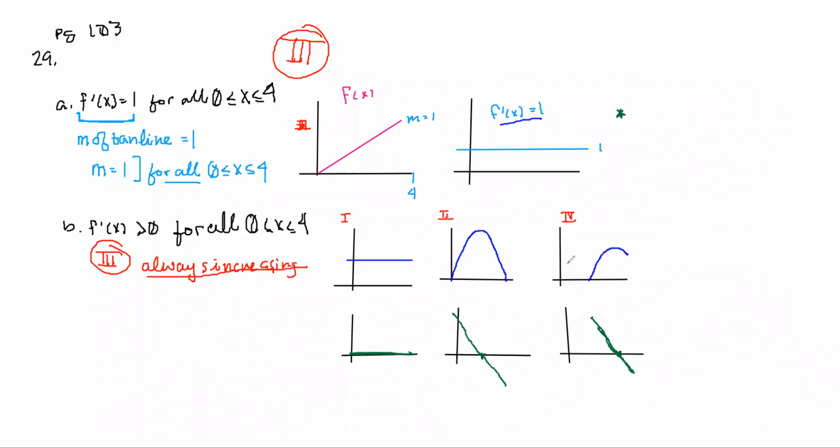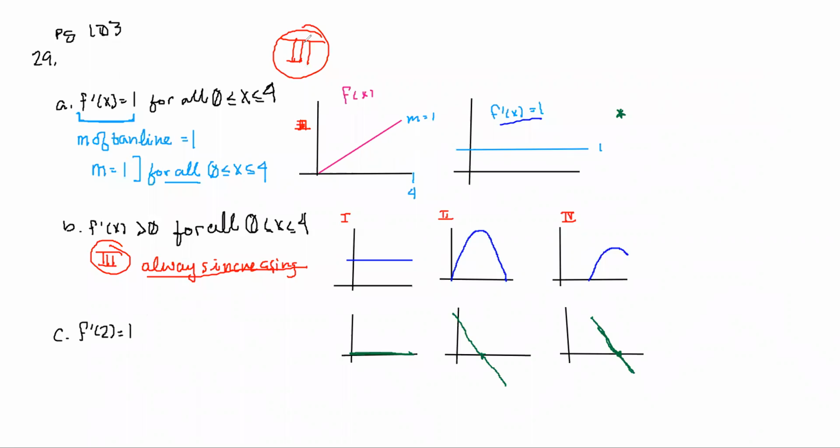But for number 3, it is, because it's equal to 1 the entire time. Okay. Then for part C, so we were right about number 3 being the answer to both A and B. For part C, it's asking us f prime of 2 is equal to 1.